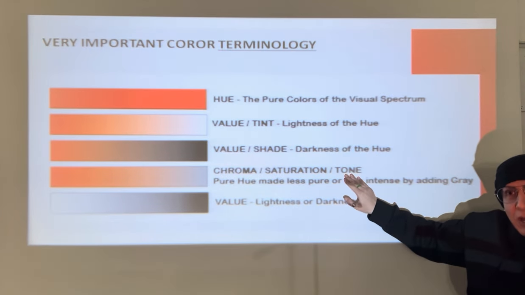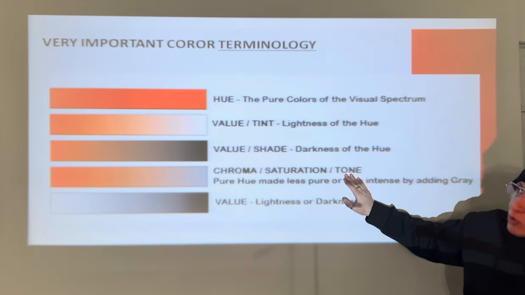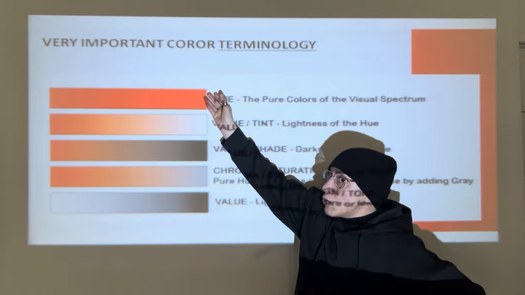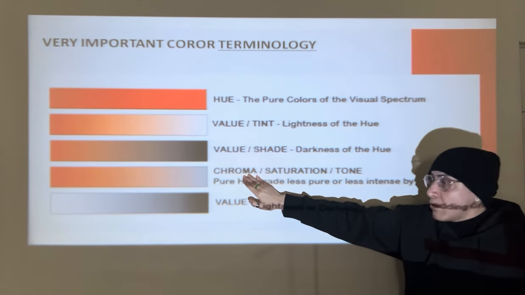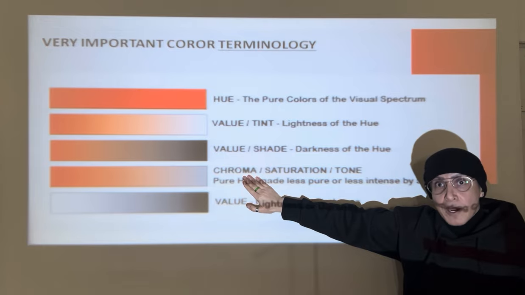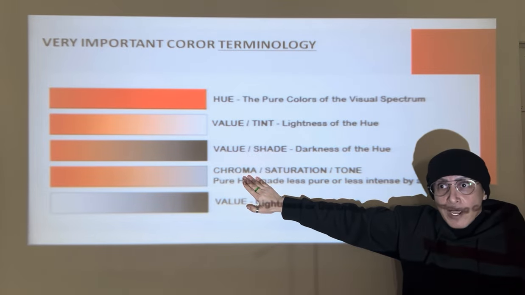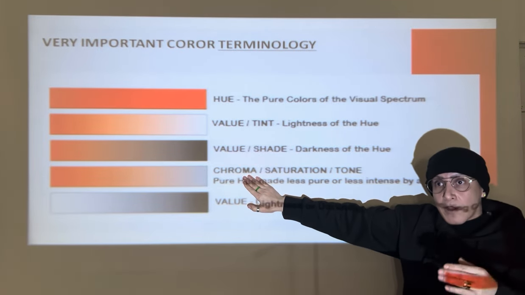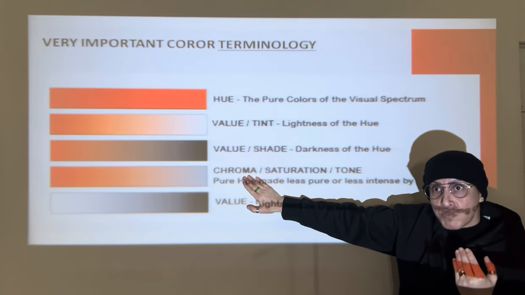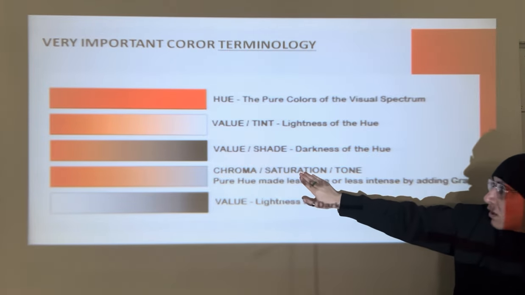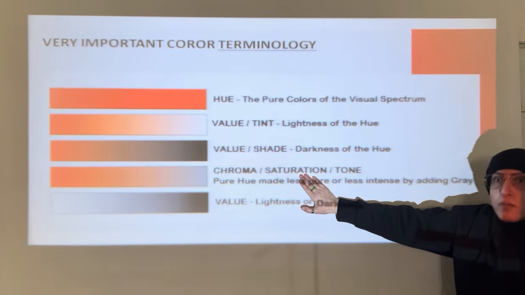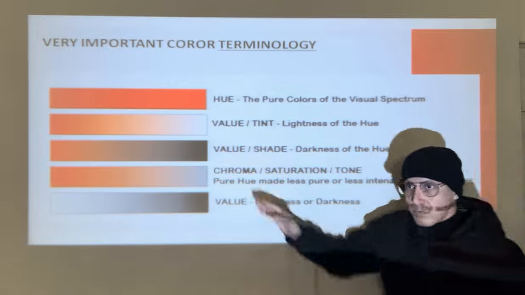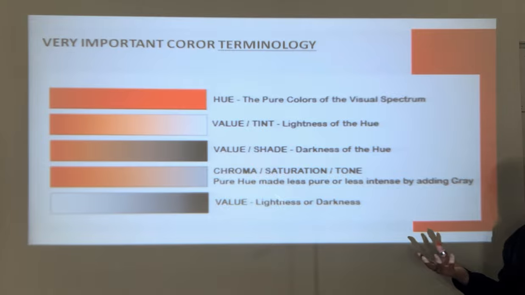Tone was what? Adding gray to a pure hue. So this plus gray. But we also saw that this is called chroma in the Munsell system. So we add different grays, the color becomes less and less pure, the more gray we add. And it also means saturation, because the more gray we add to a pure hue, the less saturated it will become. So these words really mean the same thing, okay?